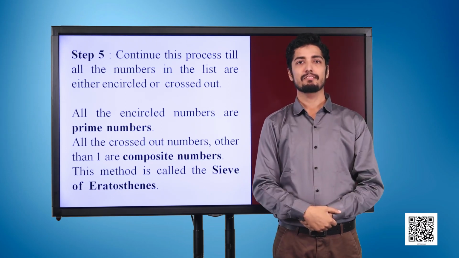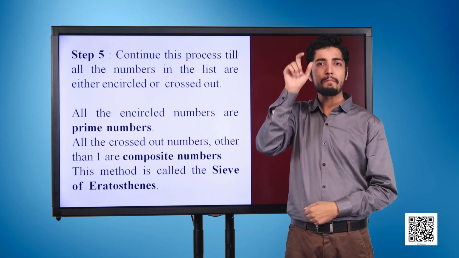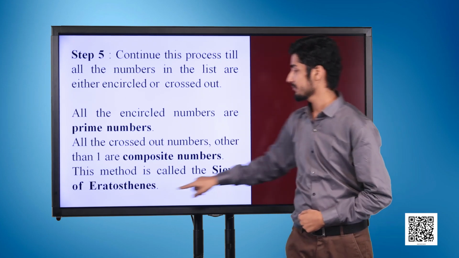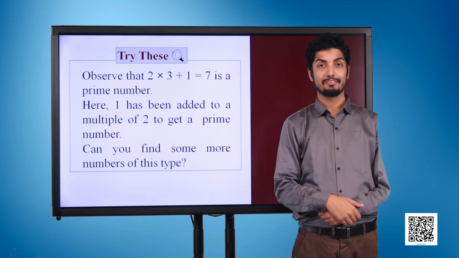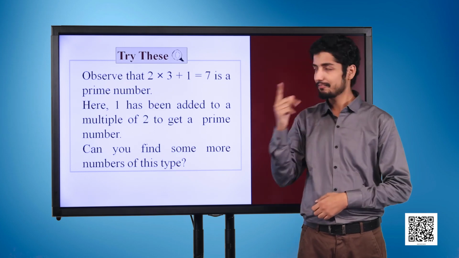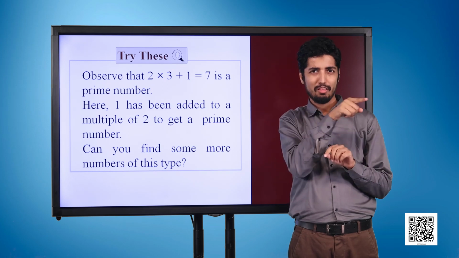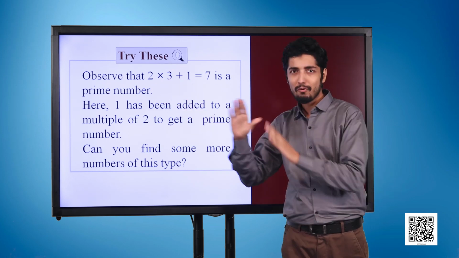This method is called the sieve of Eratosthenes. Try these. Observe that 2 multiplied by 3 plus 1 is equal to 7, a prime number.